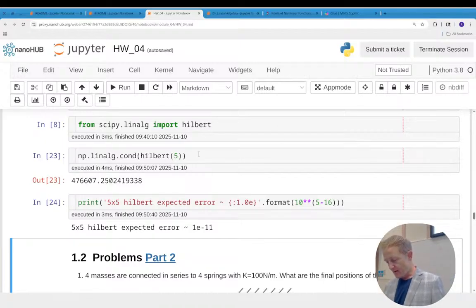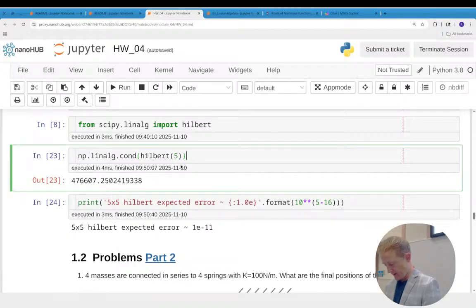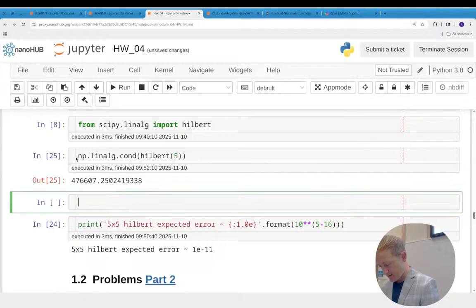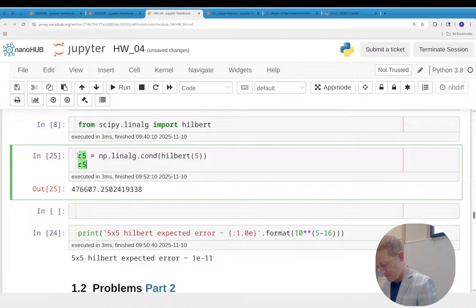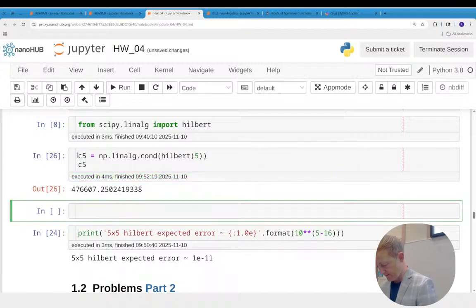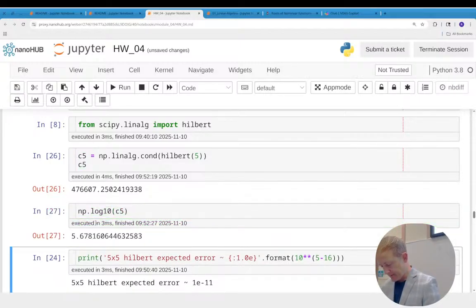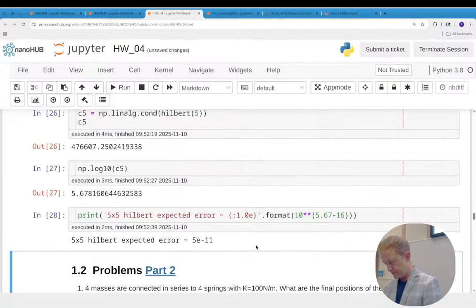So if you want to know the actual thing here, let's call this C5. My condition number of that 5 by 5 is this. I could take log 10 of C5 and I get like 5.7, and I could use that as the exponent. It doesn't change it by much.